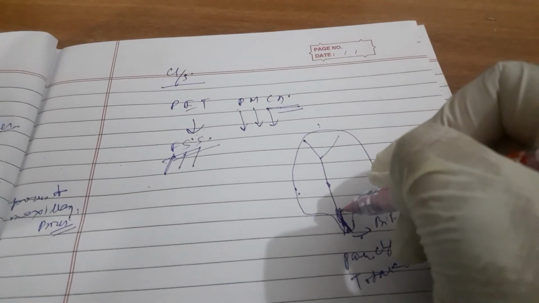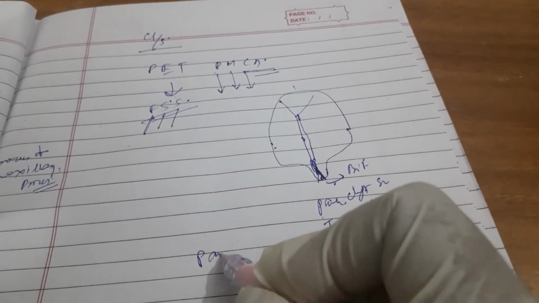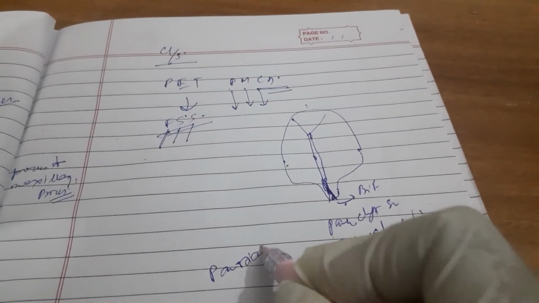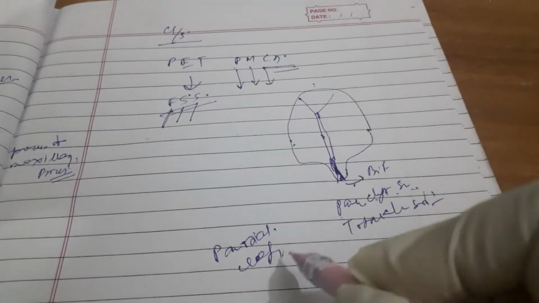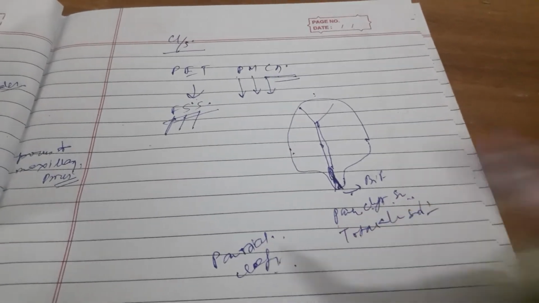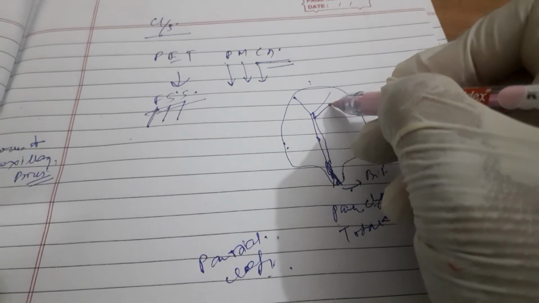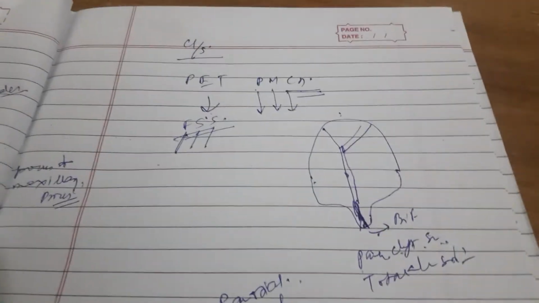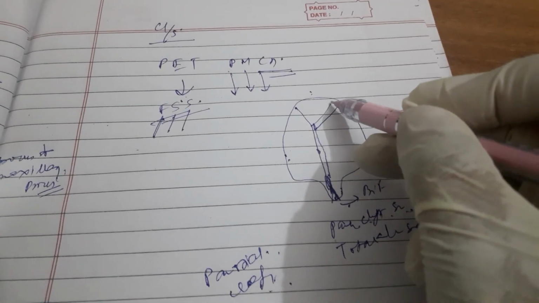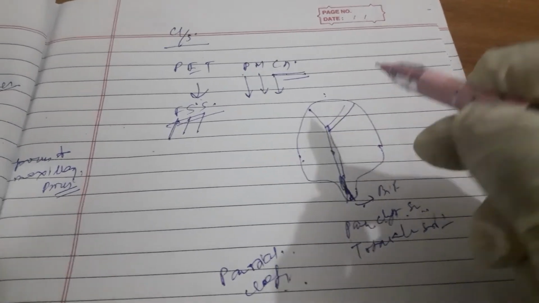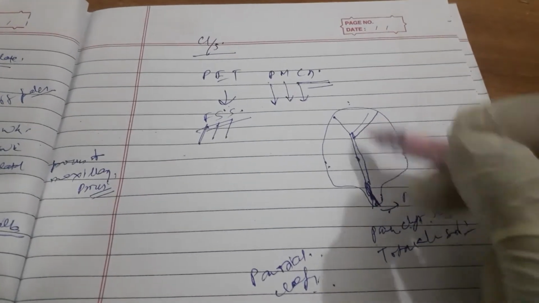If this much is not fused, then it is partial cleft palate. Here we have to write cleft soft palate, but here partial cleft palate. Now if this much is not united and this also, then it is called total but unilateral cleft palate.